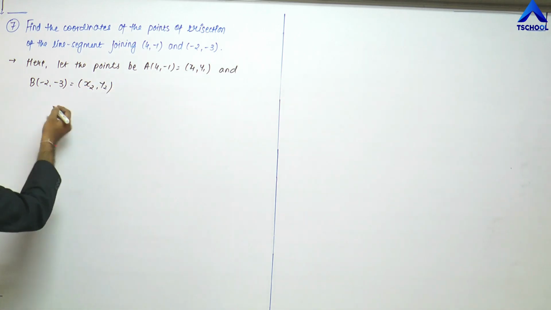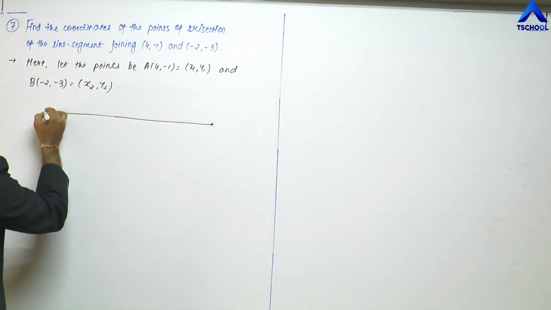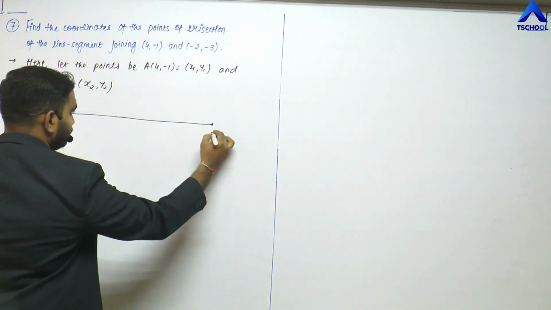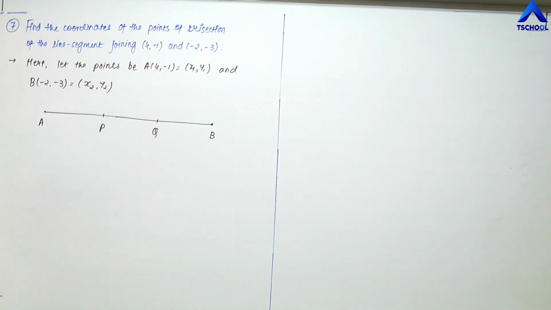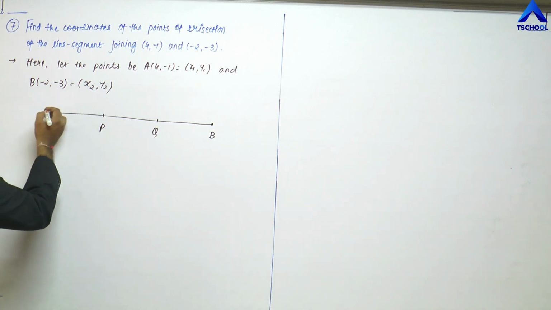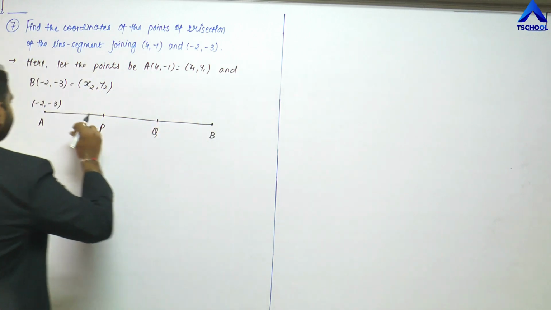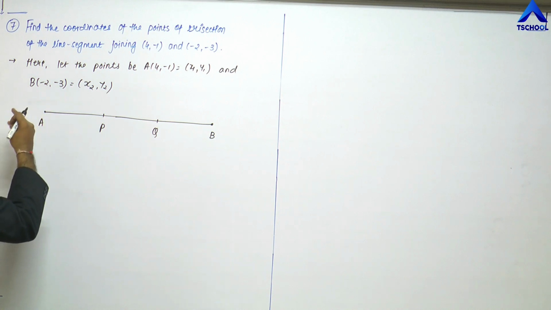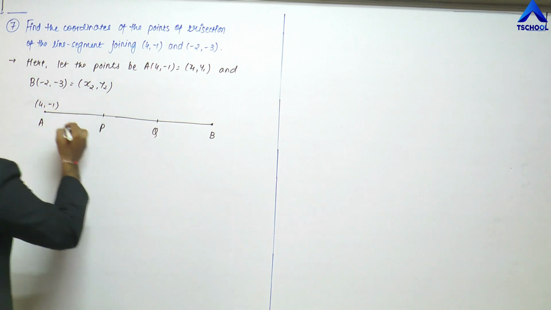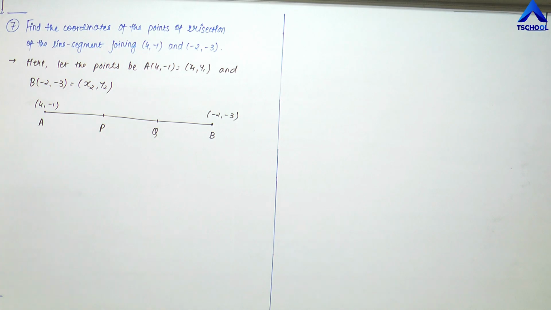I am drawing a situation here: the line segment AB, which is divided into 3 parts by the points P and Q. So let the points of trisection be P and Q. Sorry, I wrote B in place of A.